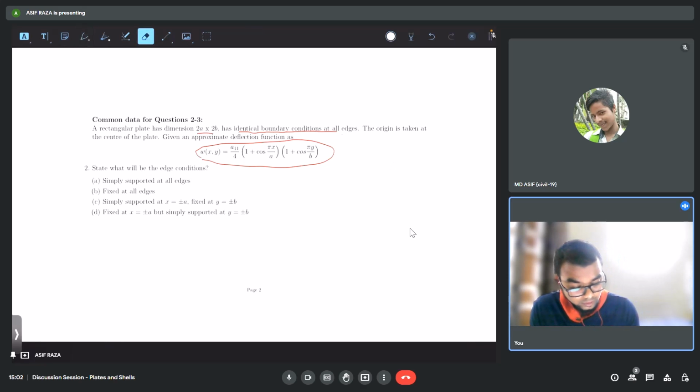So we are given a rectangular plate with edges at x equal to a and x equal to minus a, y equal to b and y equal to minus b.